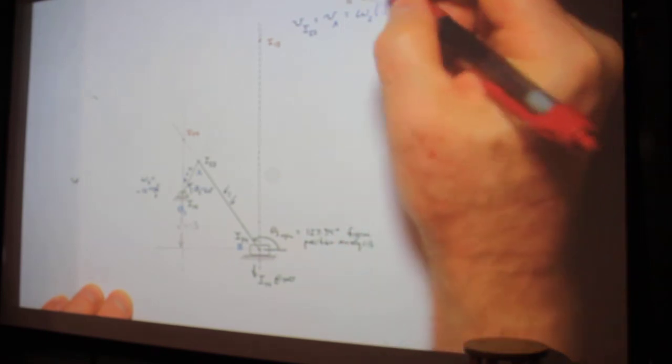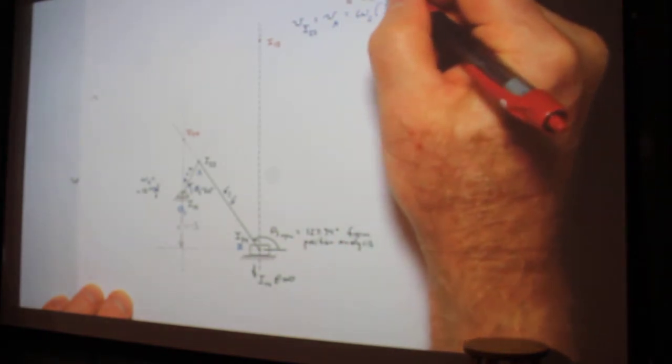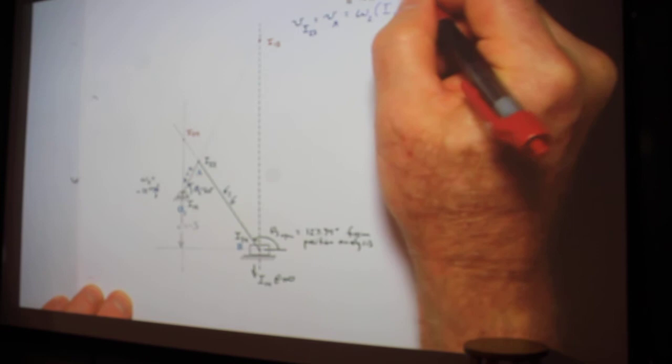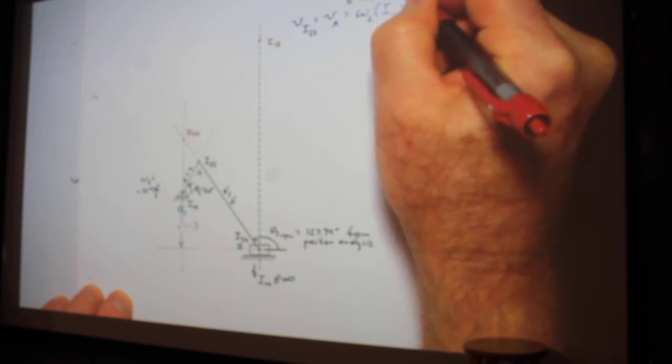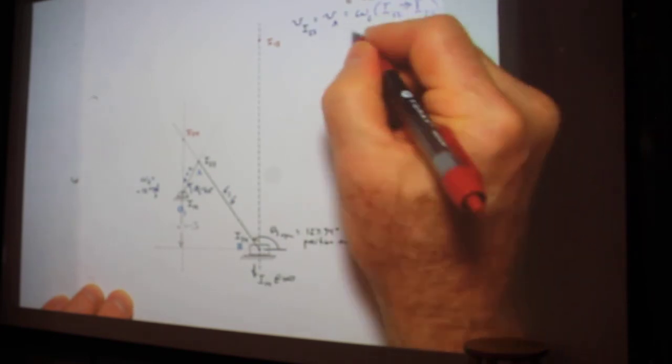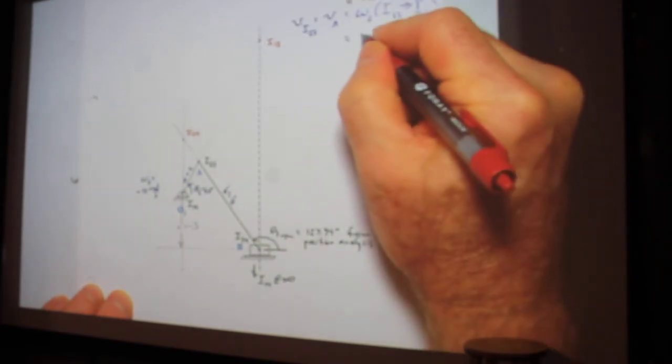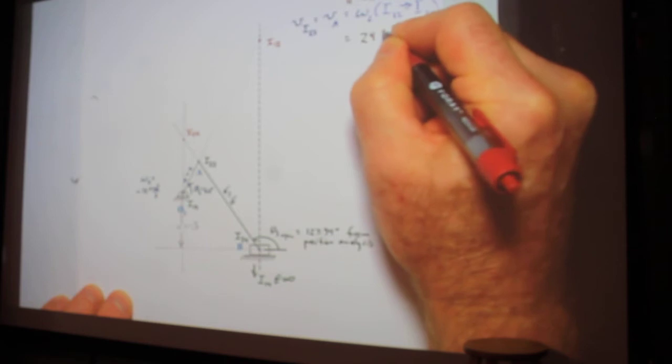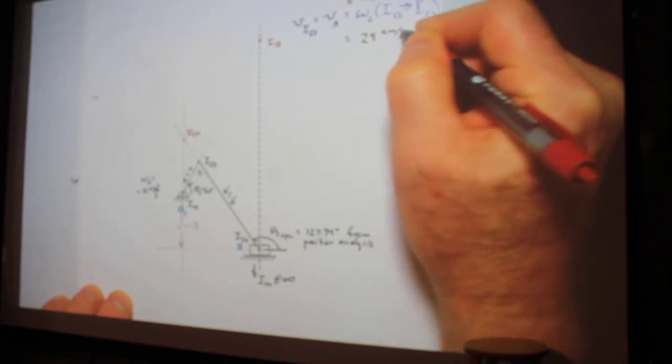So if I plug the numbers in here, I'm looking at the absolute value of omega 2, which is 12. Okay? And this distance here, actually it's given to you as 2. So the magnitude of this is 24 centimeters per second.